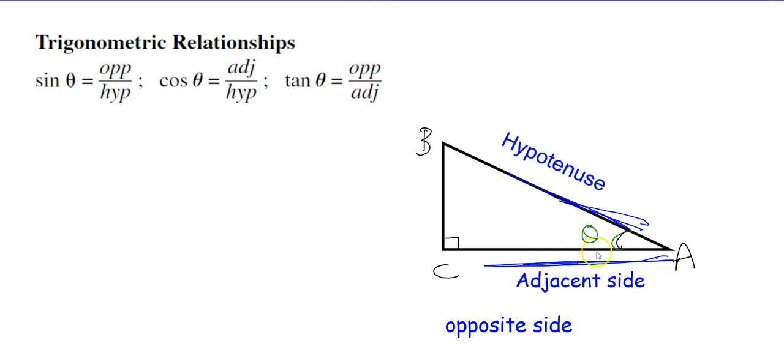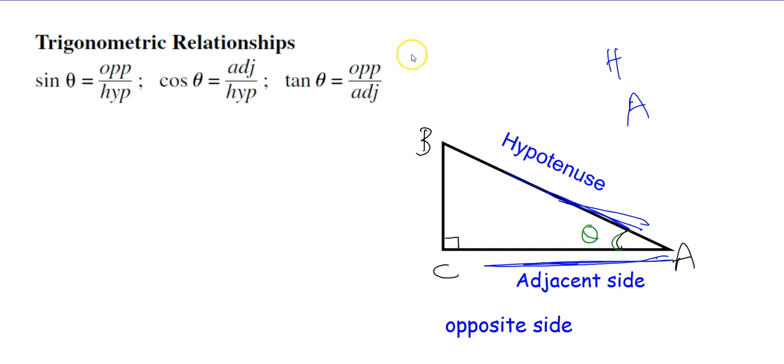So whatever angle is our reference angle for solving a problem, that angle consists of the hypotenuse and the adjacent side. That way I can remember. First I located my hypotenuse, then I located the adjacent side.